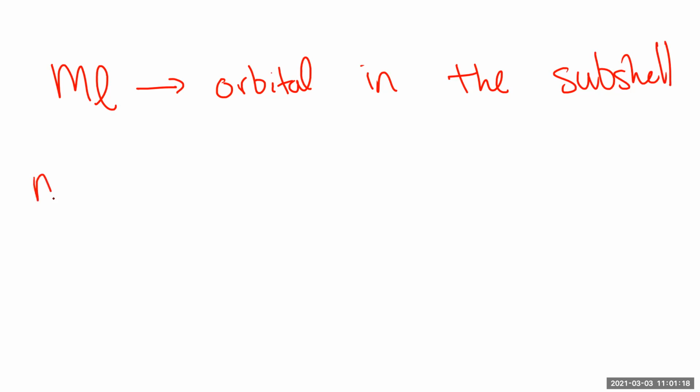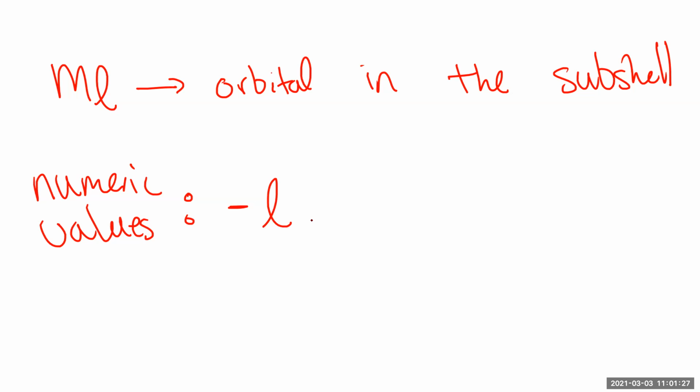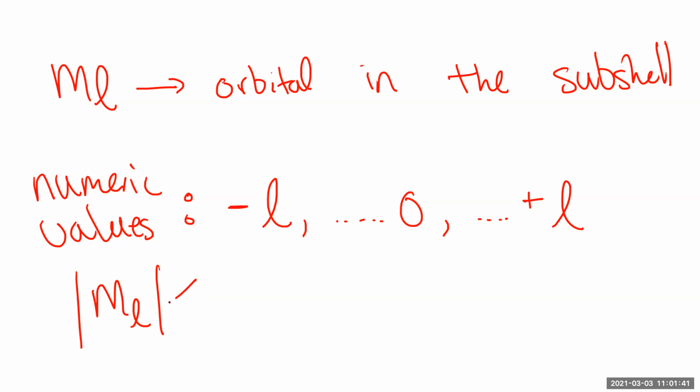The numeric values, therefore, are going to be minus L passing through 0 up to positive L. Another way to say this, I think, as your book does, is M sub L, absolute value, is less than or equal to L.